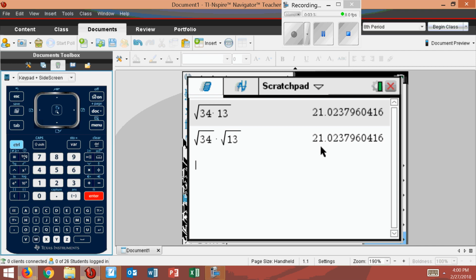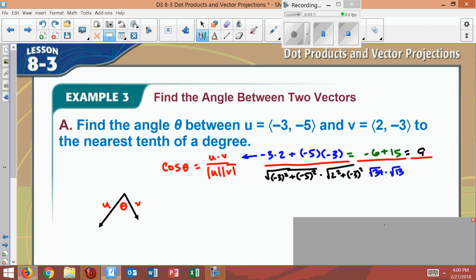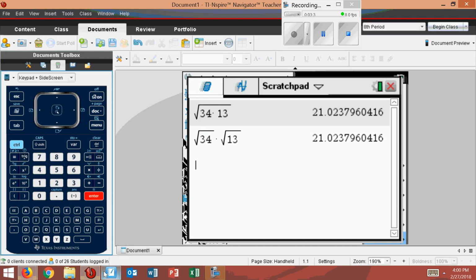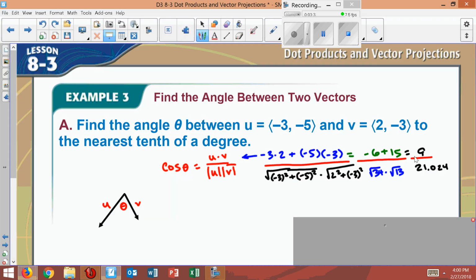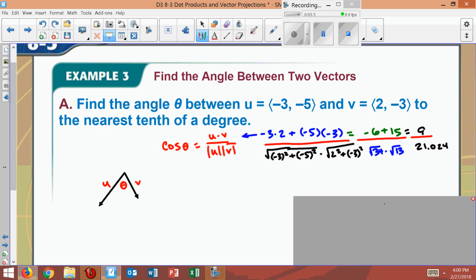Now that's not really a good value, so we could put it down there as 21.024, but to be exact, we can just leave it like this. Now, if I wanted to find the angle by itself, what am I going to do? I'll do the inverse.